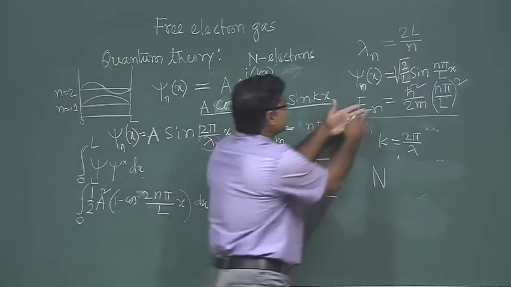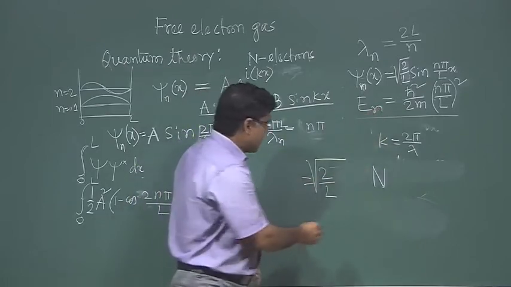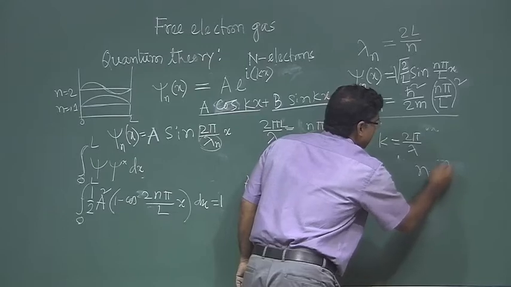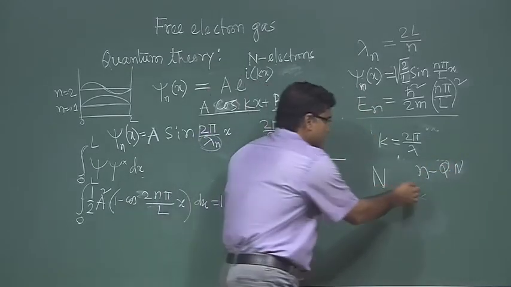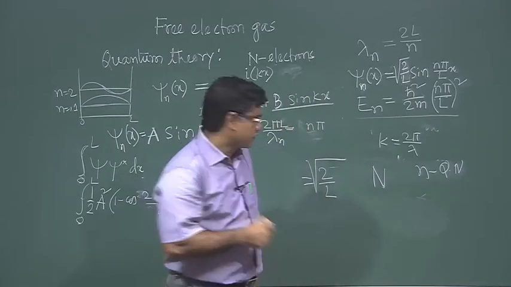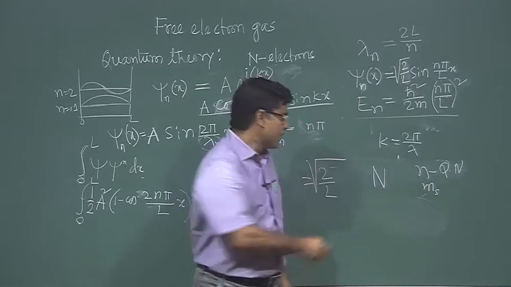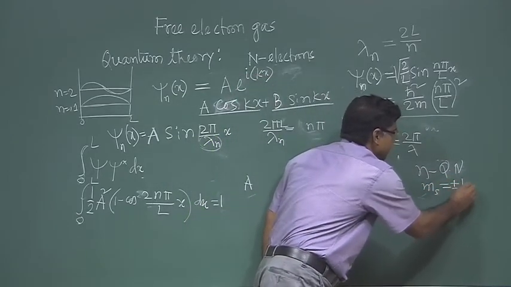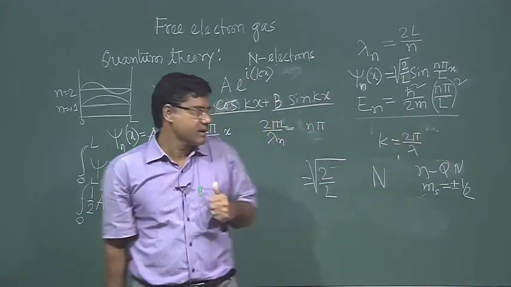So, n is the principal quantum number, and another quantum number in our system is ms. ms can have two values, plus or minus half, and n can have positive integer values.